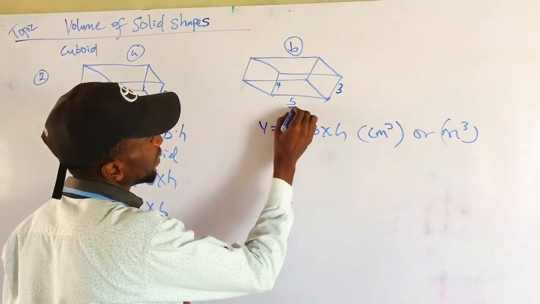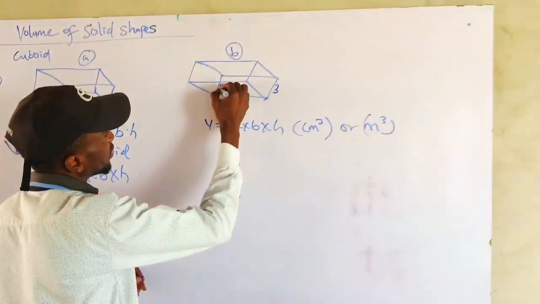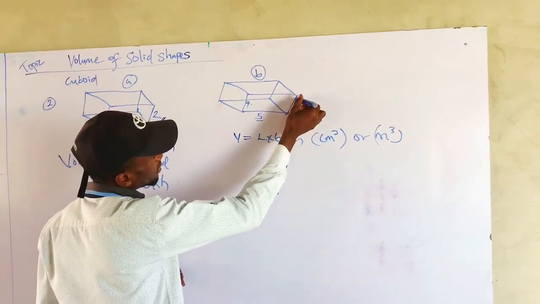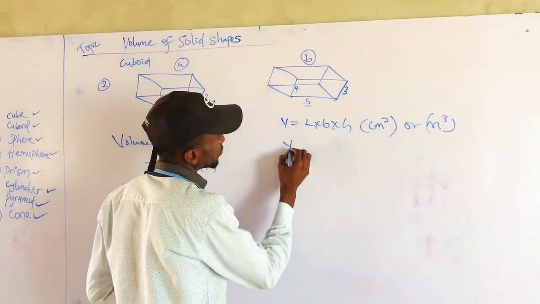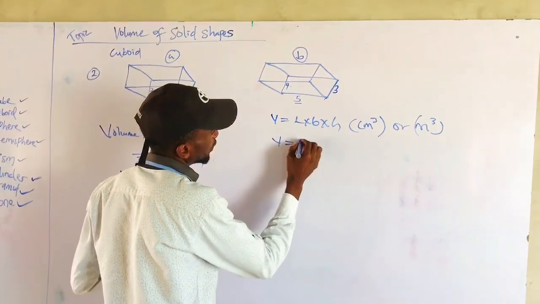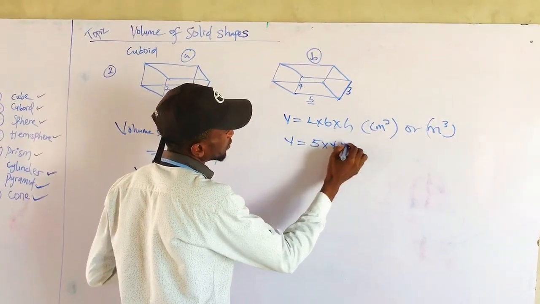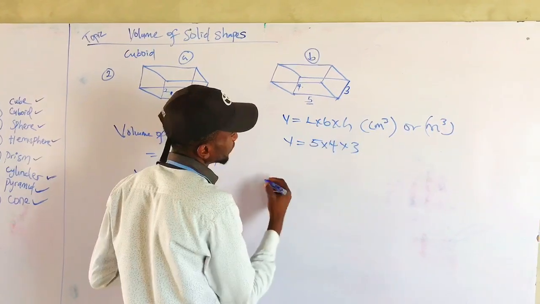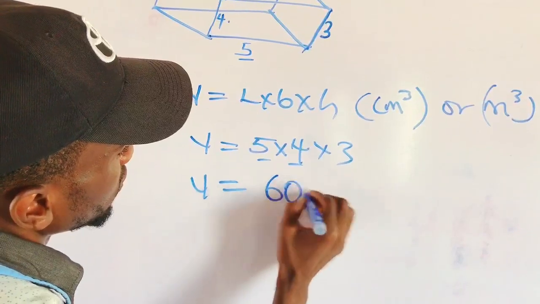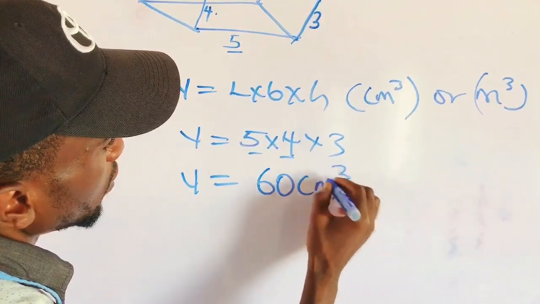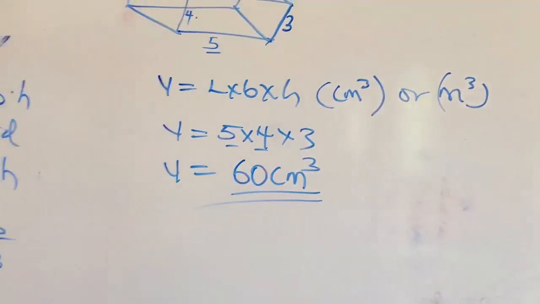The length here is 5. The height from here to here is 4, while the width, or the breadth, is 3. So if we want to calculate, the volume is equal to 5 times 4 times 3. V is equal to 60 centimeter cube. This is the volume.